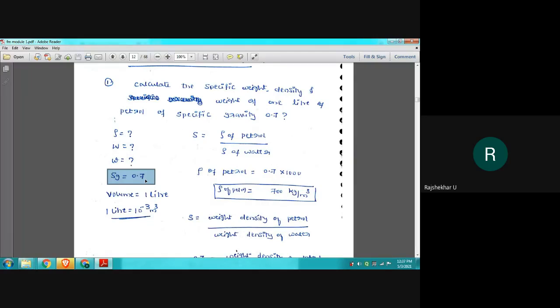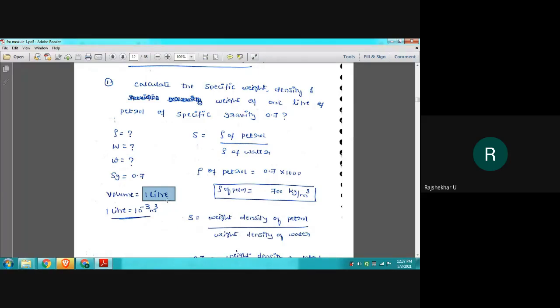That will not change, correct? If you take a 1 liter bottle to the petrol bunk and ask it to be filled, that volume will be taken, that will be 1 liter only. So the volume of the petrol is given: 1 liter. We have to convert it to SI unit.